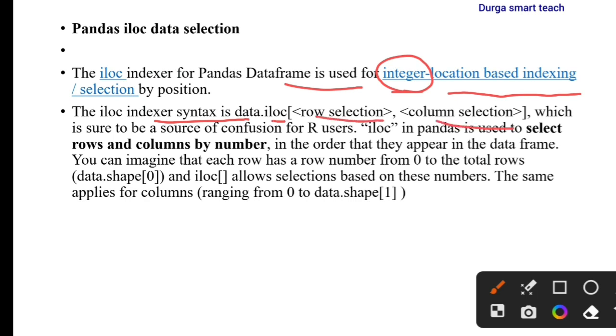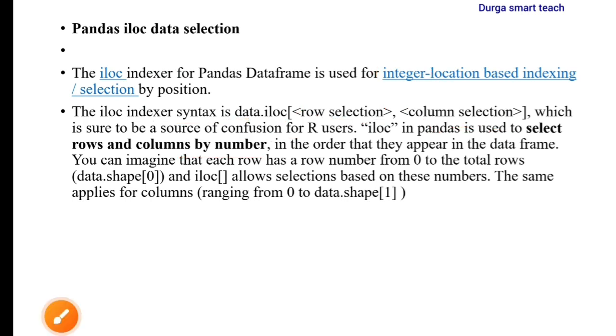In the square brackets you represent the row section and column section. iloc in pandas is used to select rows and columns by using numbers. Let's see the example.